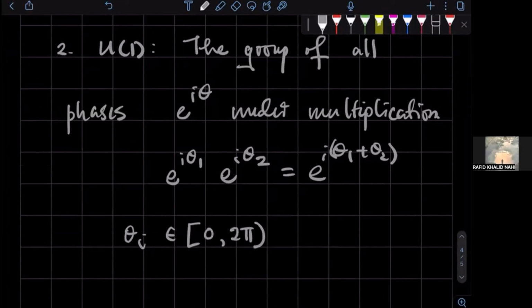So is it necessary to contain theta in this region, or can we not just say it's a real number? Yeah, then you would not have a unique parameterization of your group elements. Oh, okay. Right.